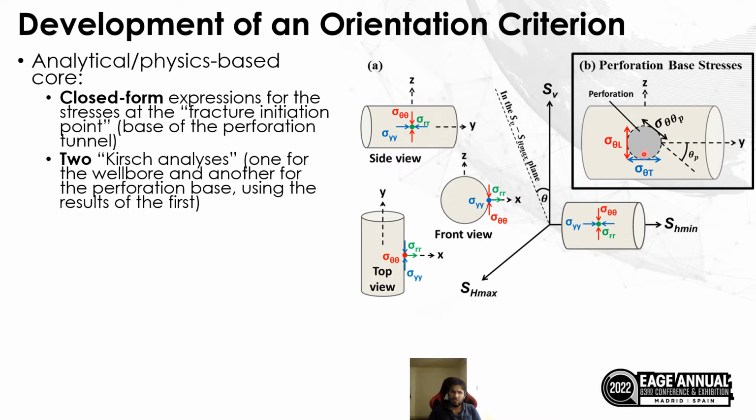And the tangential stress at this point here, indicated by the blue sigma theta T, is the stress that you need to overcome in tension to generate transverse fracture initiation. Hossain did that ignoring pore pressure and ignoring the tensile strength of the rock. I incorporated those in my papers, I think 2018 and 2019.